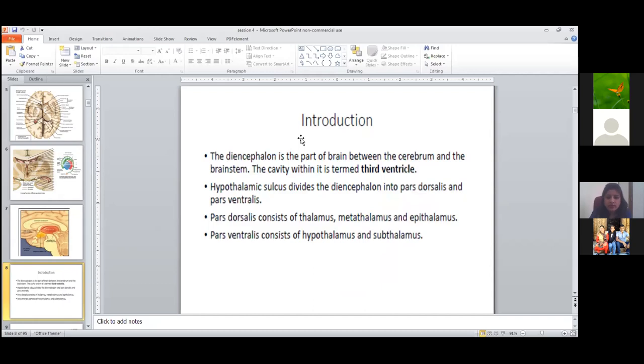The diencephalon is the part of the brain between the cerebrum and brainstem, and the cavity within it is called the third ventricle. The hypothalamic sulcus divides the diencephalon into two parts called pars dorsalis and pars ventralis. Pars dorsalis mainly has the thalamus, metathalamus, and epithalamus, and pars ventralis consists of the hypothalamus and subthalamus.